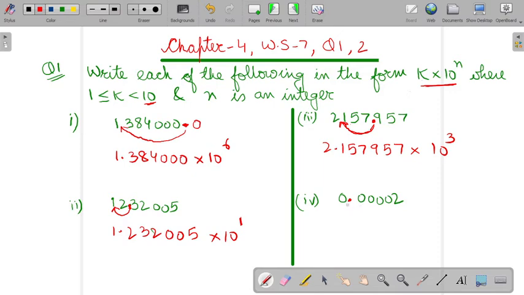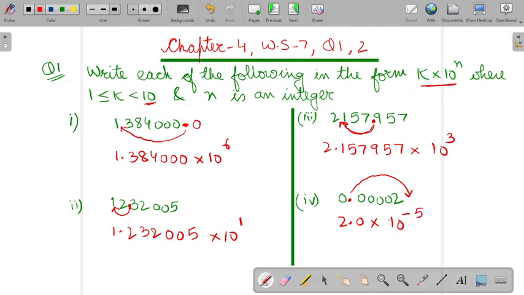But in the fourth part, where do we have to shift this decimal? Should we shift it again to the left side? No. We have to shift this decimal to the right side. If we shift the decimal to the right side, then the power will become negative. So it would be 2 multiply 10 power, how many digits are we taking here? 1, 2, 3, 4, 5.